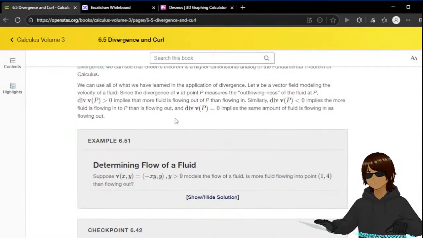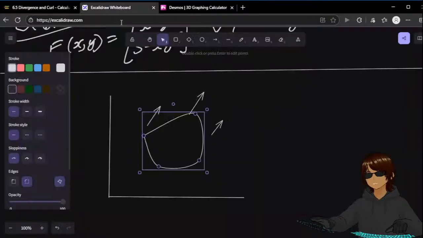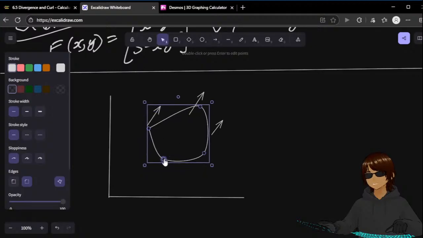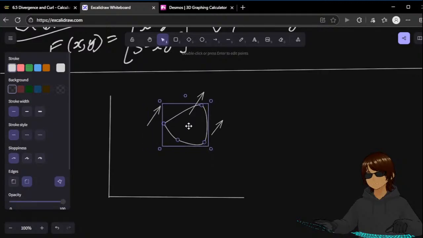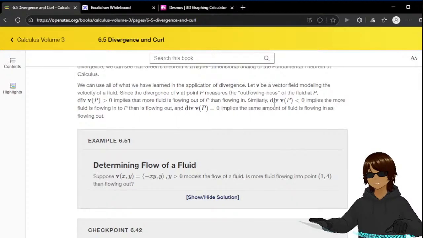If there's more fluid flowing out, then divergence is more than zero. Otherwise, as the rubber band is going in, there's more fluid going in, and it is not increasing a lot, and there's more fluid flowing in than flowing out. The divergence is less than zero.